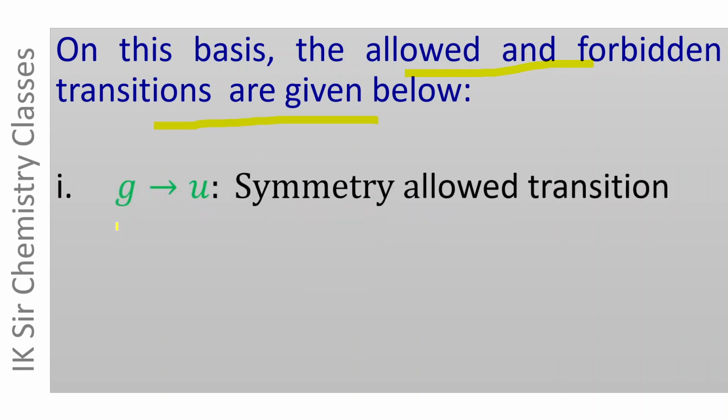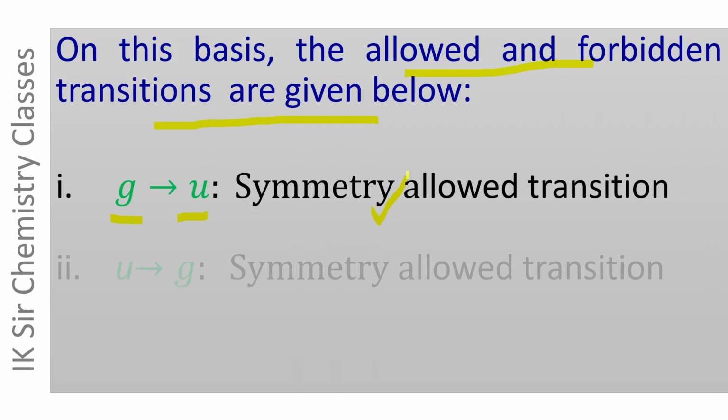On this basis, the allowed and forbidden transitions are given below. If we consider transition from gerade to ungerade orbital, it will be symmetry allowed.